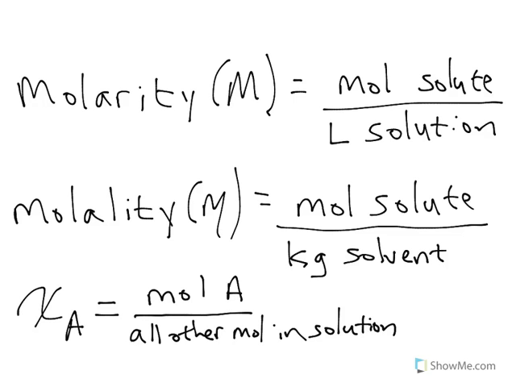Another way to look at the mole fraction, chi A, let's say you have a solution, and we're going to put A in red, and then component B in blue.